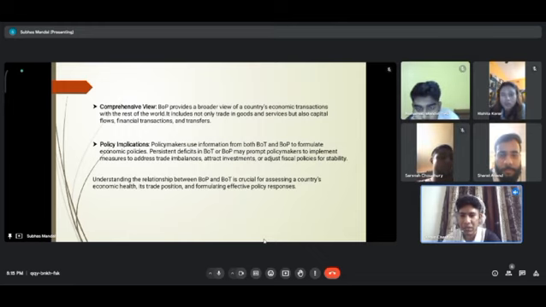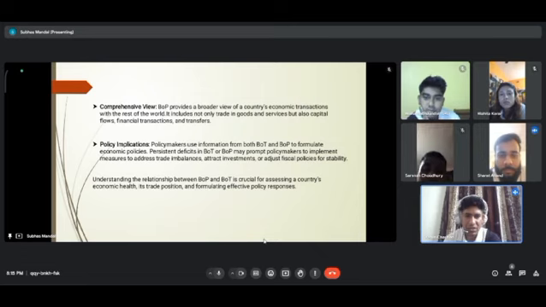Policy implications. Policymakers use information from both BOT and BOP to formulate economic policies. Persistent deficits in BOT or BOP may prompt policymakers to implement measures to address trade imbalances, attract investments, or adjust fiscal policy for stability. Understanding the relationship between BOP and BOT is crucial for assessing a country's economic health, trade position, and formulating effective policy responses.